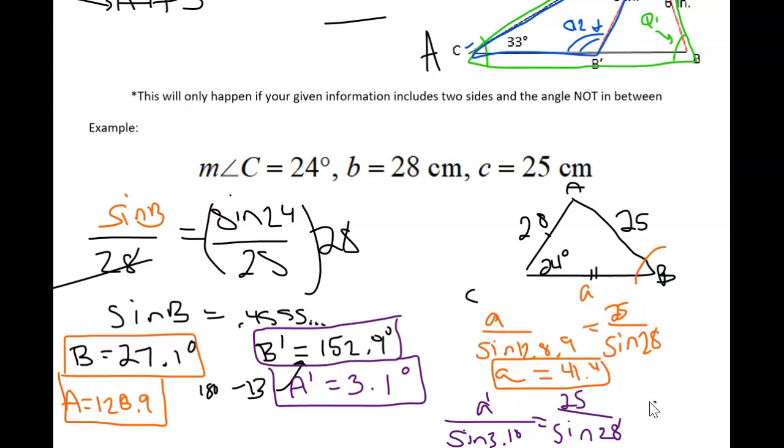And that does give me a smallest side of 2.9. So this is how we're going to get our solutions when solving the ambiguous case. And this actually concludes the video notes for Law of Sines. Thank you for watching.